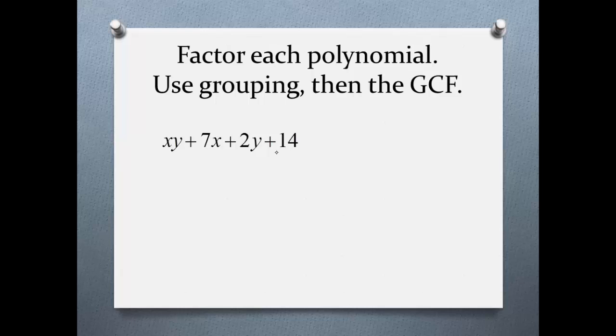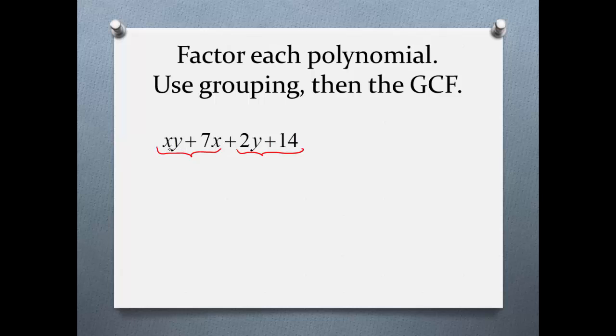The 7 and 14 have something in common. But when I look at all four together, they don't really have anything in common. So when I have four terms with nothing in common, one strategy I can use is to group them. And when we say group them, we mean take two at a time and see if maybe I can just find a greatest common factor for two of them.